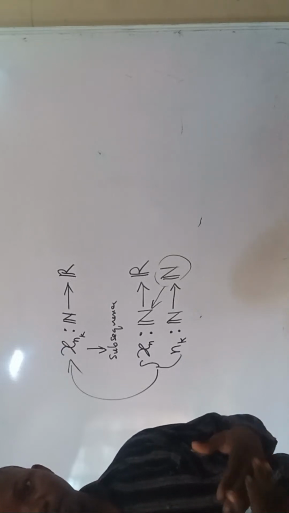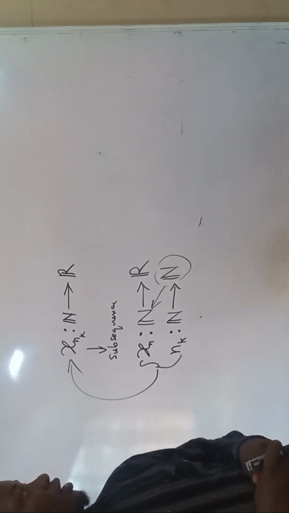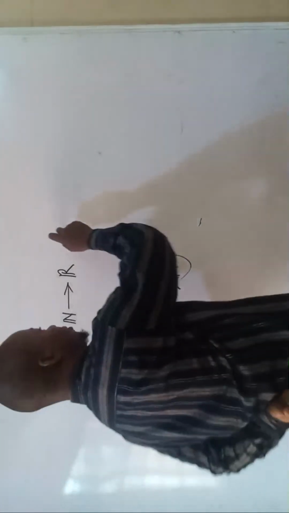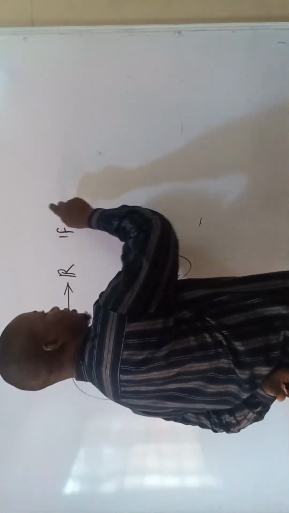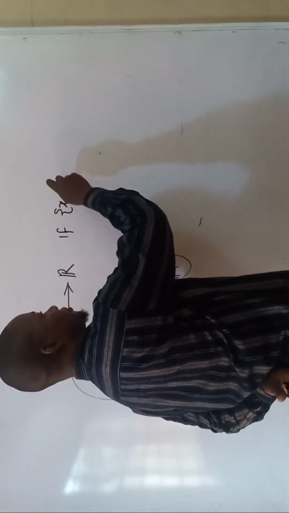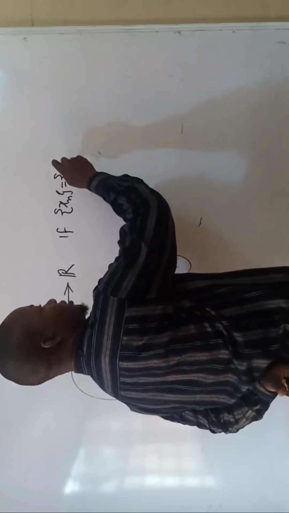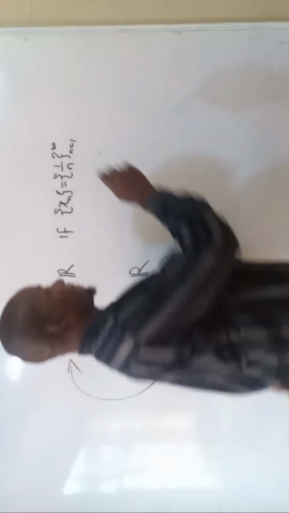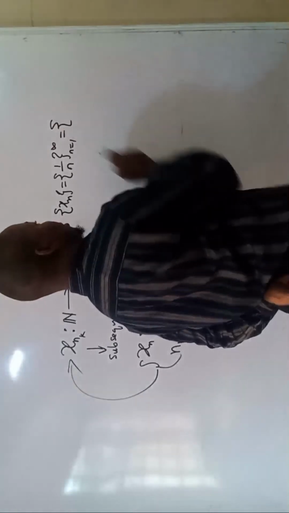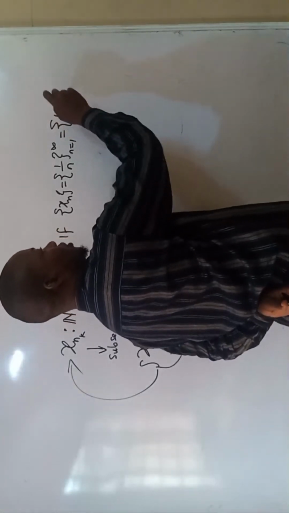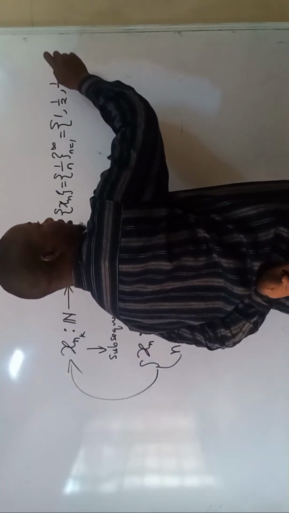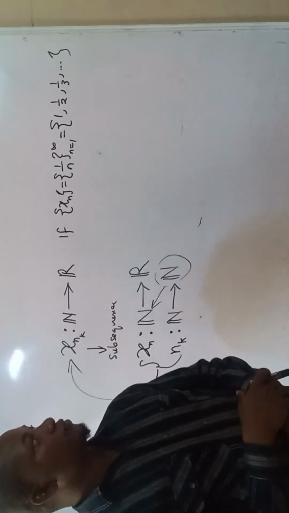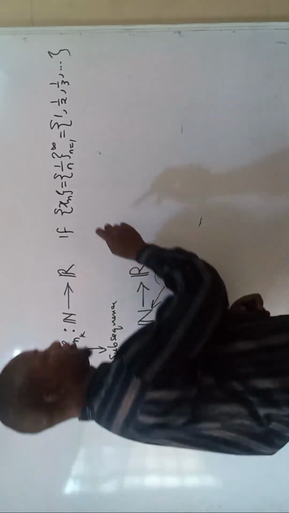So having said that, we have considered some examples of a subsequence of a sequence. For example, if we are given x_n to be the sequence 1 over n, where the sequence is 1, 1 over 2, 1 over 3, and so on. We can derive a subsequence of this as follows.